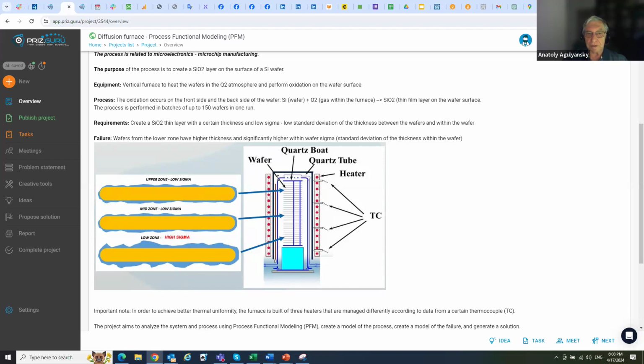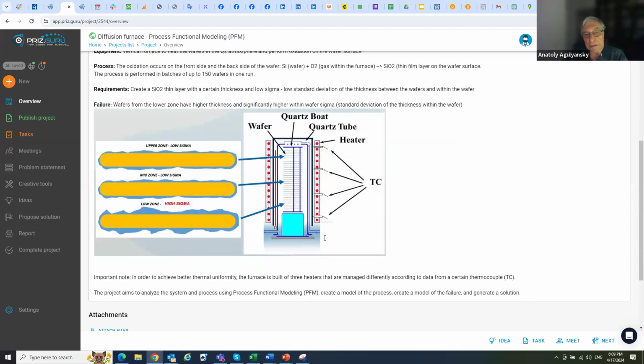The equipment is built from a quartz tube and heaters. The heater is built from a number of sections that work independently and are managed independently. Each one has its own thermocouple for management.